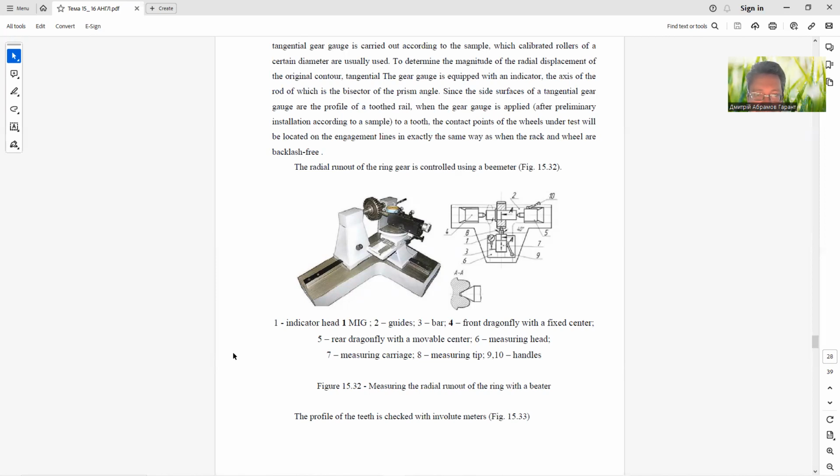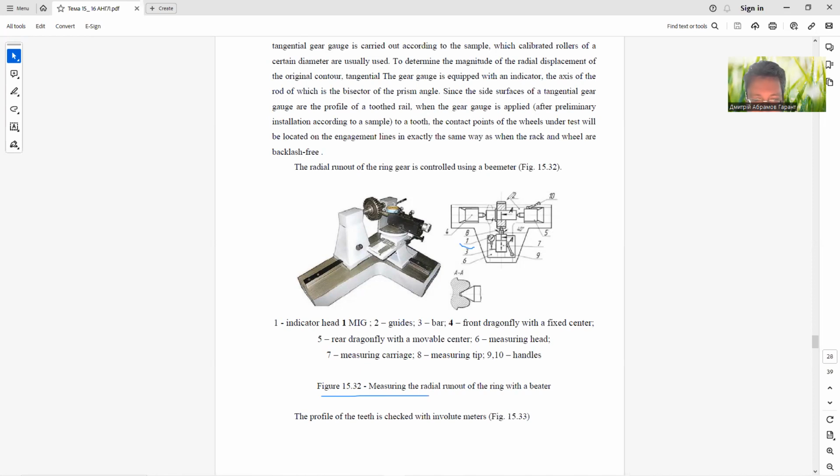The radial runout of the ring gear is controlled using a runout meter. Measuring the radial runout of the ring with a beat meter. Position number 1, indicator head.